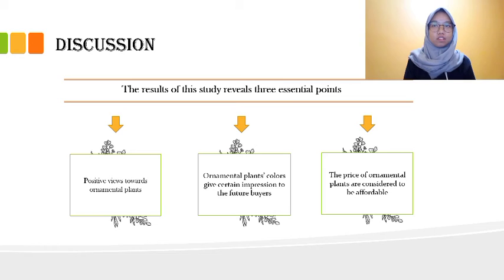This supports the results in the questionnaire, where the majority of students agree that color is an interesting thing to pay attention to. Of the four color categories, on average, respondents choose bright colors like red, purple, and white as their choice of ornamental plants.